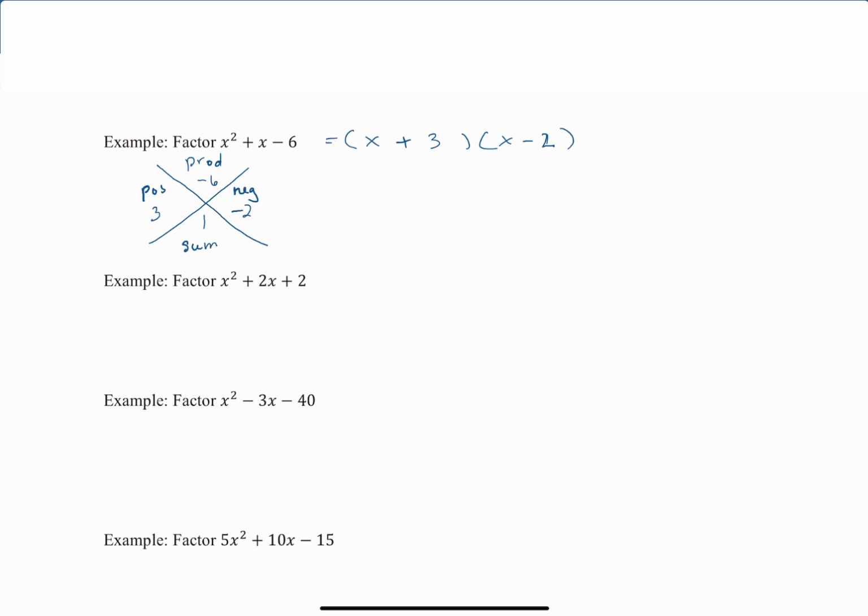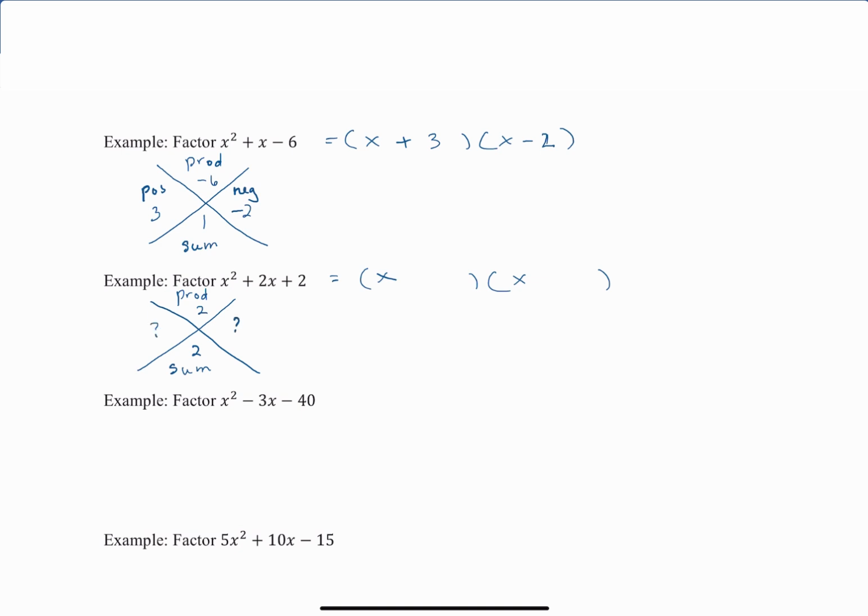Let's try x squared plus 2x plus 2. Now I'm looking for two numbers whose product is the 2 on the end and whose sum is the 2 on the x. Well, let's see.